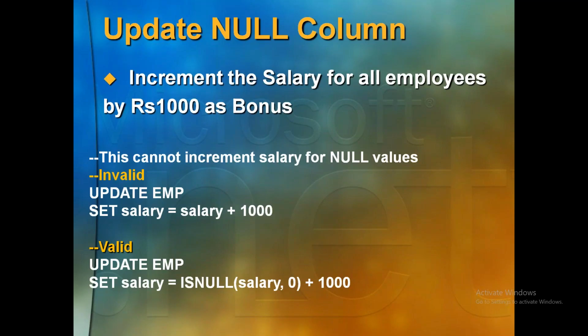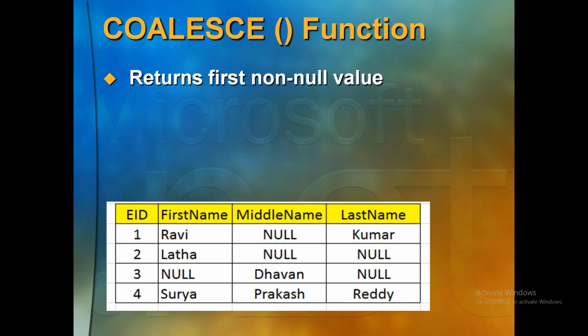Special treatment needs to be given to null values. This is a very, very important thing. Now we have one more function called the COALESCE function. It returns the first non-null value. Okay, the COALESCE function is going to return the first non-null value.